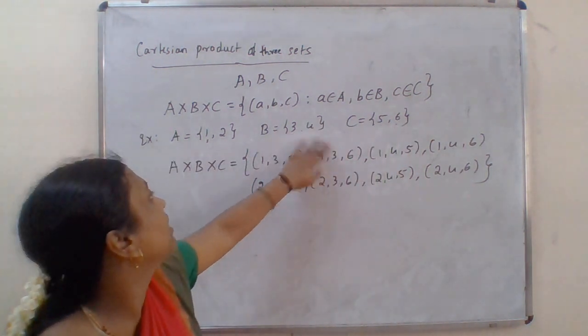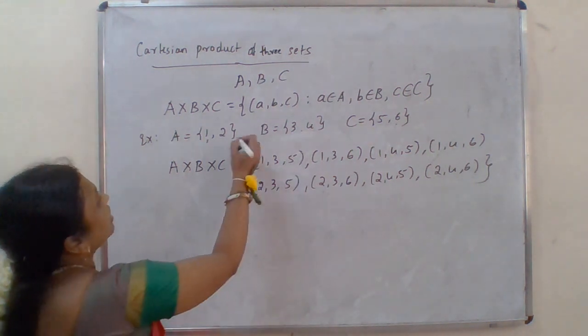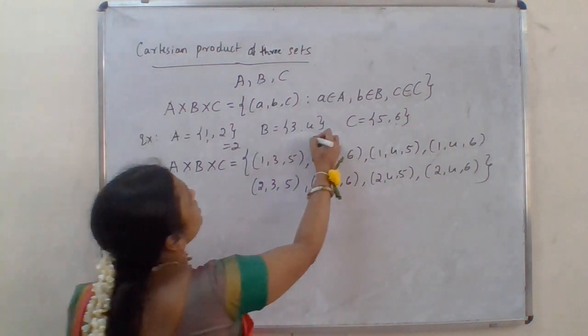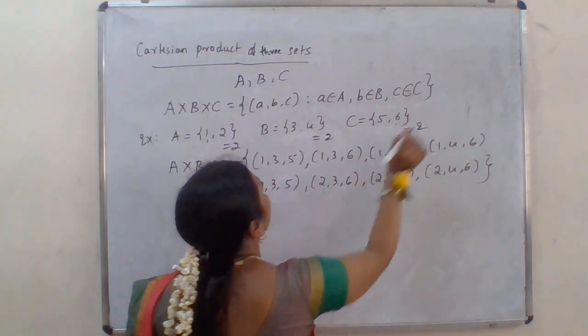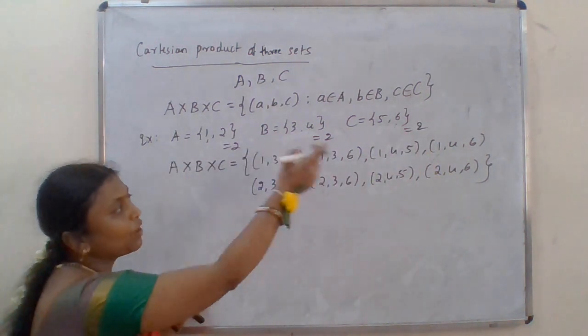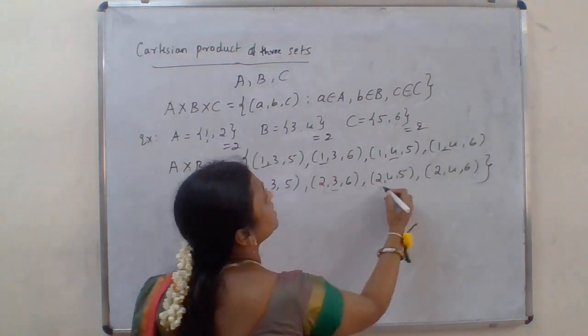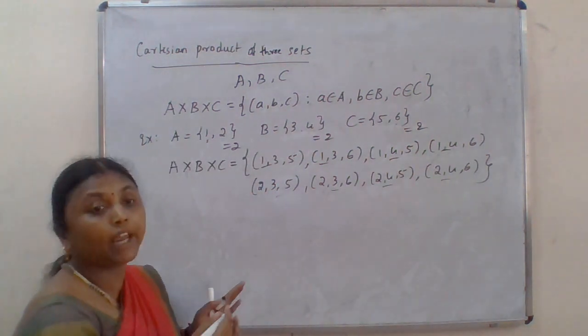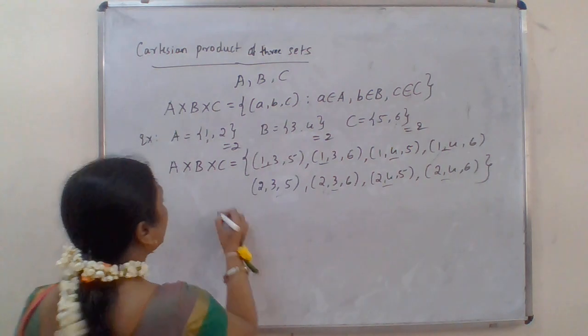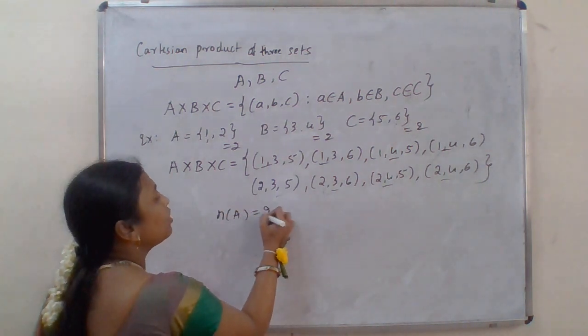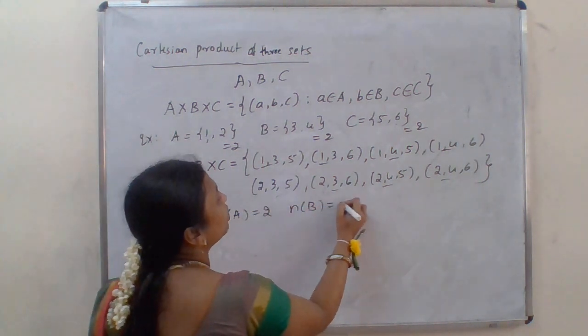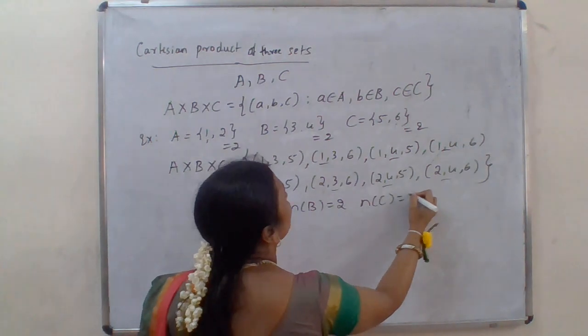See here, A has 2 elements, B has 2 elements, C has 2 elements. 2 into 2 is 4, 4 into 2 is 8. So 1, 2, 3, 4, 5, 6, 7, 8. So n of A is equal to 2, n of B is equal to 2, n of C is also 2.